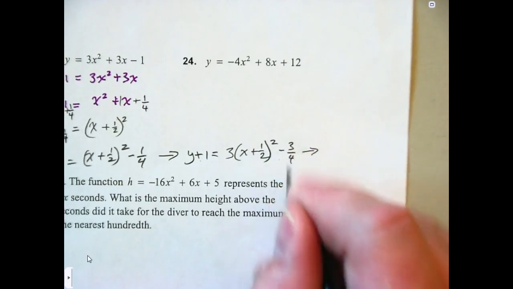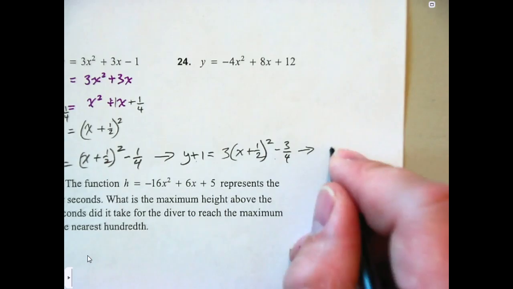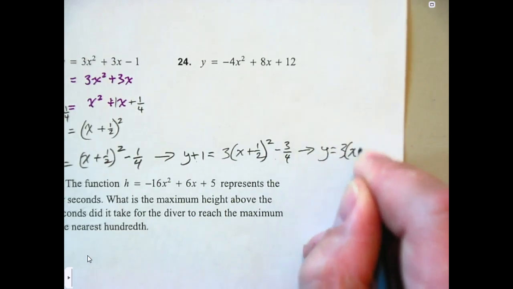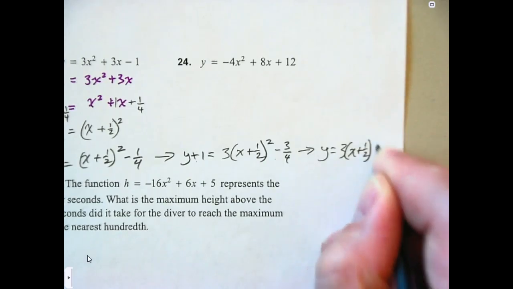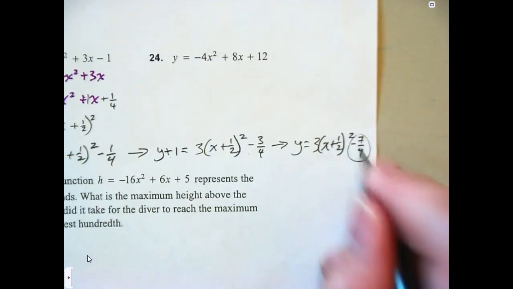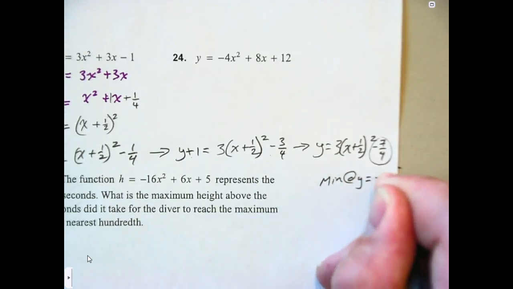So negative 3/4 minus 1 is negative 7/4. So you get y equals 3 times x plus 1/2 squared minus 7/4. And that's your k value. Okay, so it's opening up, so it's a minimum at y equals negative 7/4.